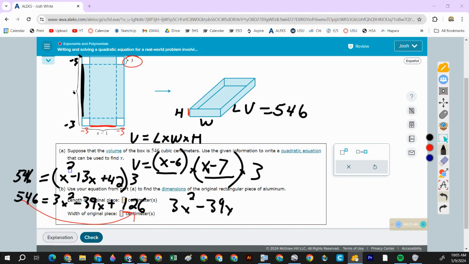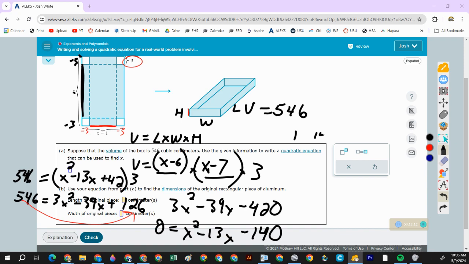Okay, we'll try it this way. So 126 minus 546, negative 420. I can pull a 3 out of that. So 0 equals x squared minus 13x, what's that going to be? 140. So I need factors of 140 that add to be 13.